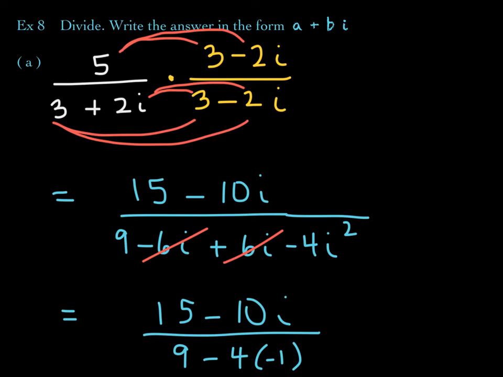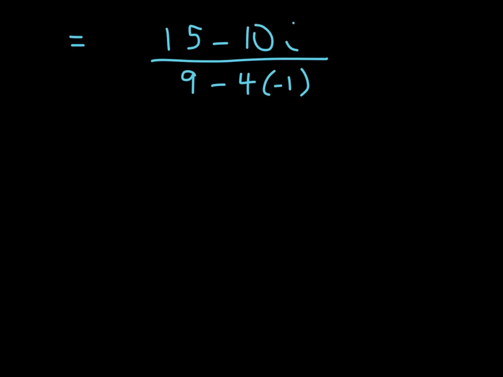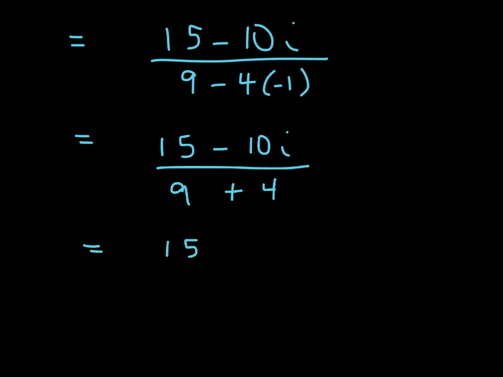Remember that standard form means I can see what the real part is and what the imaginary part is. All right, remember that when we get to the end. All right, let's continue simplifying. So then we have here 15 minus 10i over 9 plus 4. So then we have 15 minus 10i over 13.